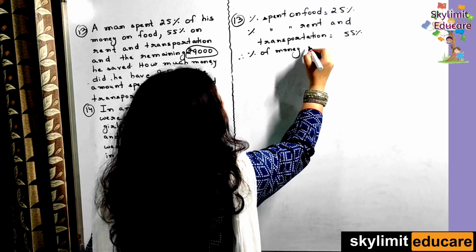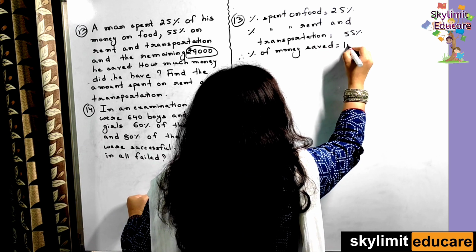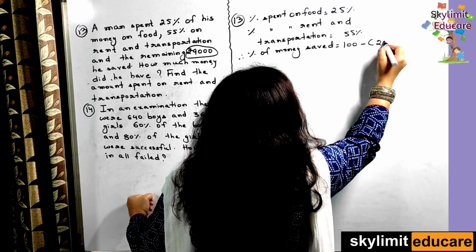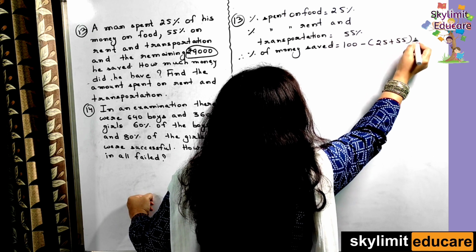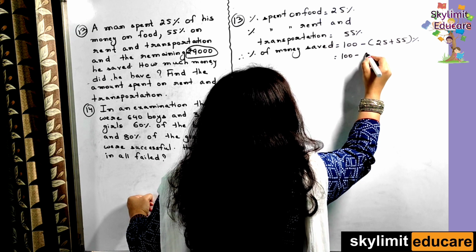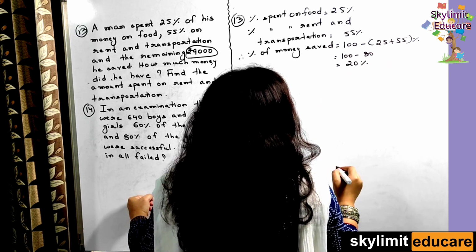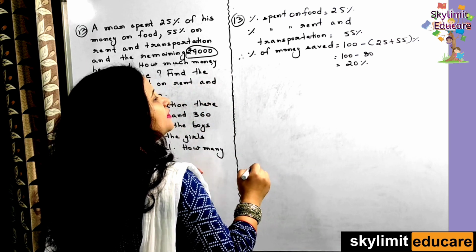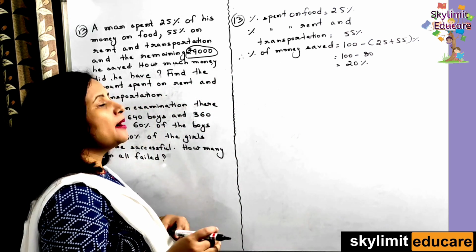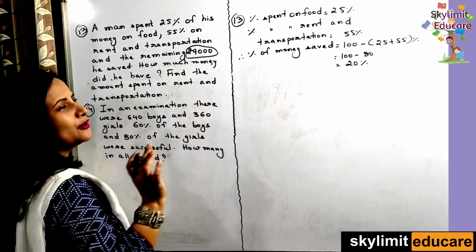The rest of the money was saved, so we can easily calculate it. 100 minus 25 plus 55%, right? So that will give us 100 minus 80%, which is equal to 20%. That means he saved 20% of the money, and that 20% of the money is nothing but rupees 9,000.